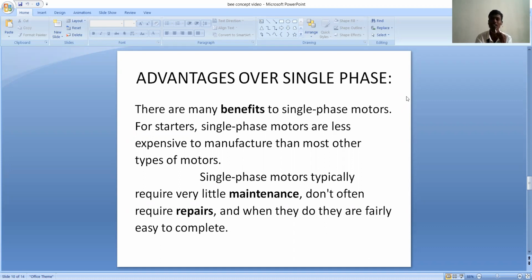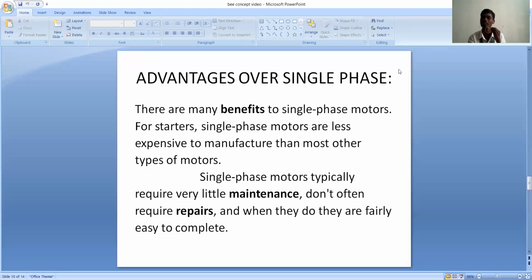They typically require very little maintenance, don't often require repairs, and when they do, they are fairly easy to complete. Friends, the advantage of single phase is cost and repair cost. For three phase, we need more maintenance cost, and for purchasing, we require much more cost.